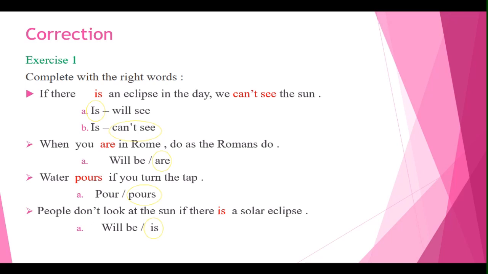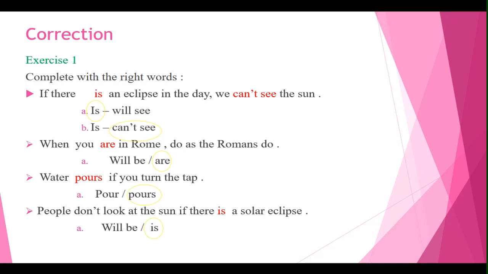Here we are talking about conditional 0. It means all the verbs are in simple present. If there is, the verb to be in simple present. So here we have a modal verb in simple present.